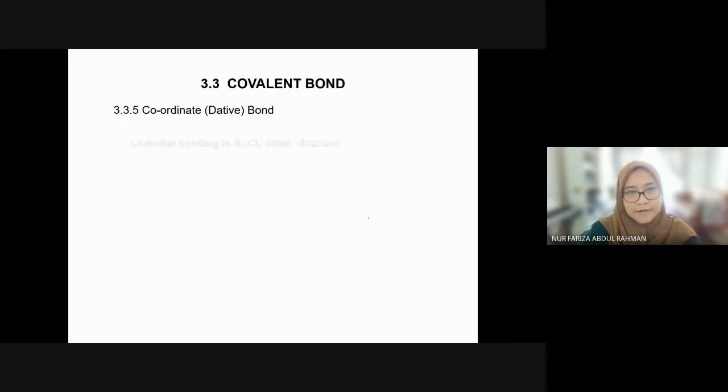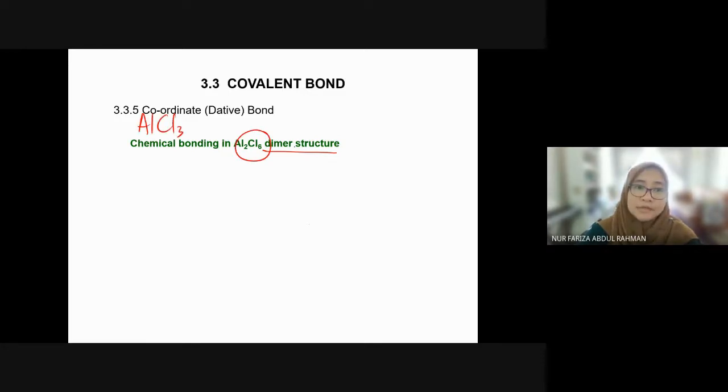Okay, we also have the dimer, guys. Chemical bonding in the aluminium Al2Cl6 dimer structure. This is what we call an application of dative bond. Initially it is actually AlCl3. When these two combine, it becomes Al2Cl6.